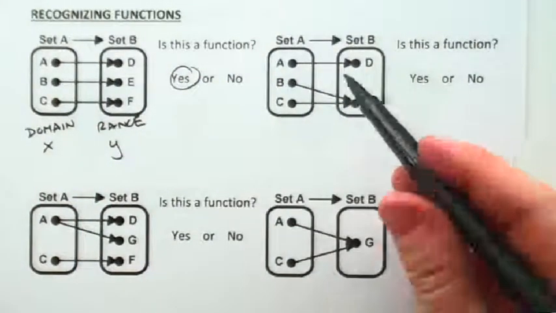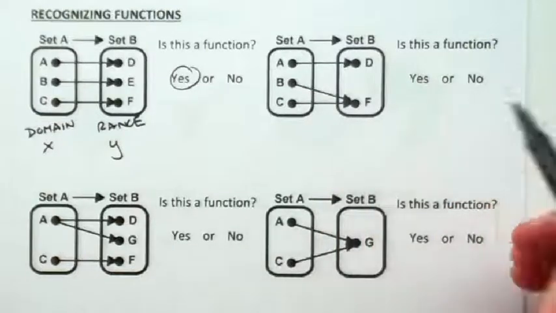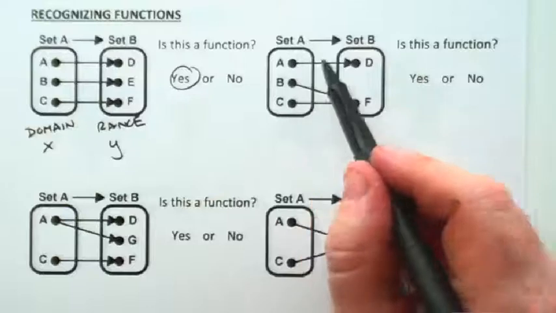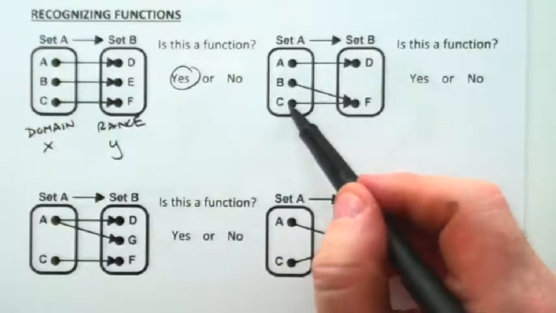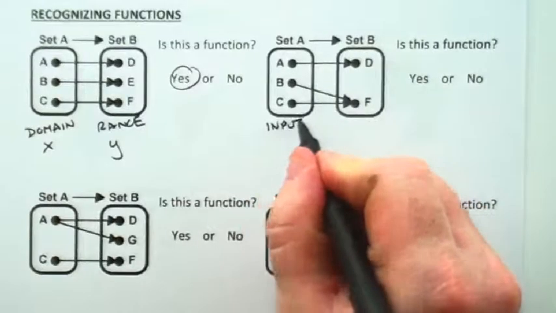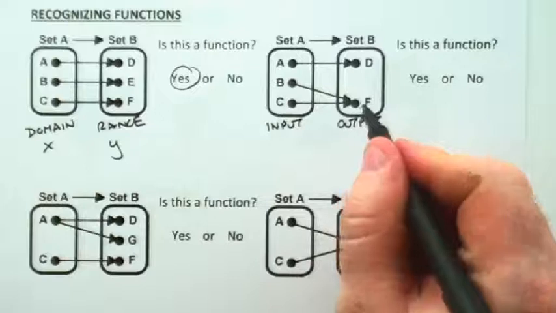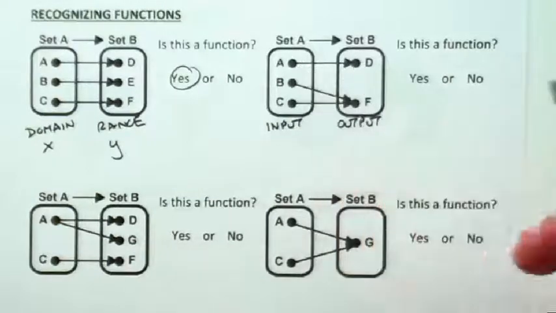Now, as I already hinted, lots of students see this diagram and want to say, no, it's not a function. This is a function because for every x, there is a y. For every input, there is an output. Now, yes, they have the same output here, but B still has an output, C has an output, A has an output, and so on.